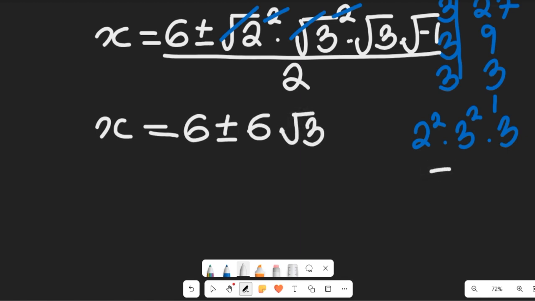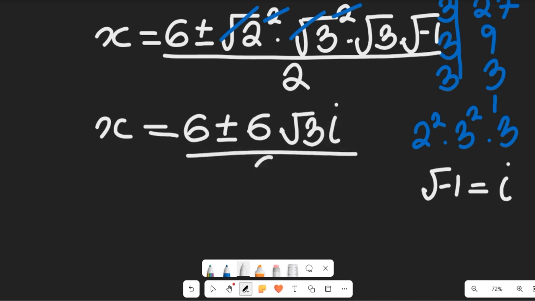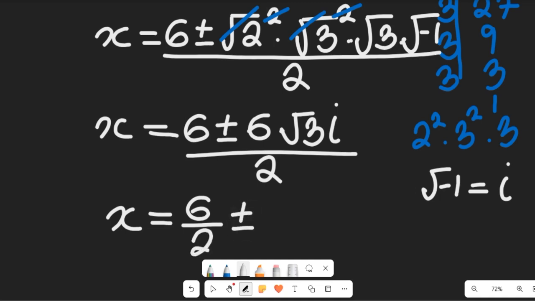And remember, the square root of negative 1 will be equal to i. So all of these will be divided by 2. So the value of x, which is a conjugate, is going to give us 6 divided by 2 plus or minus 6 multiplied by the square root of 3 i, and all of these will be divided by 2.